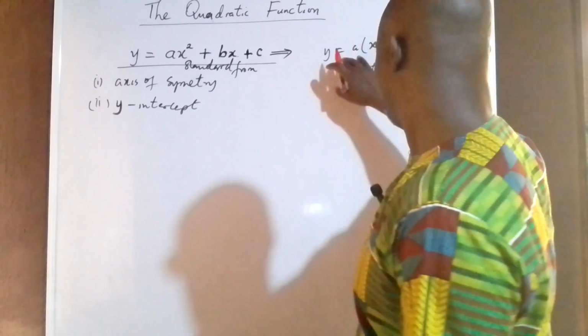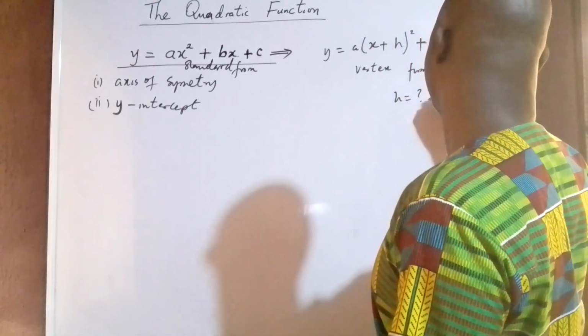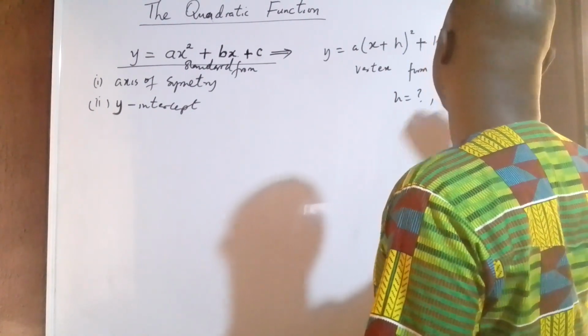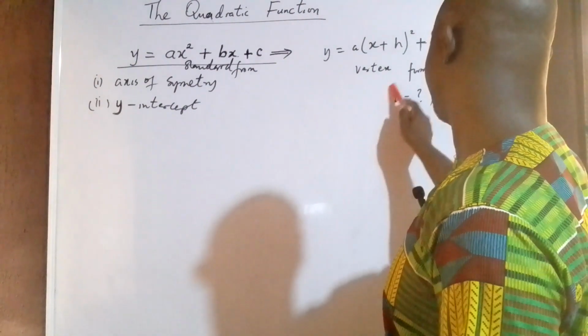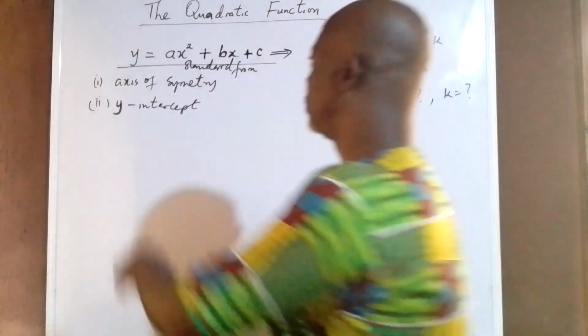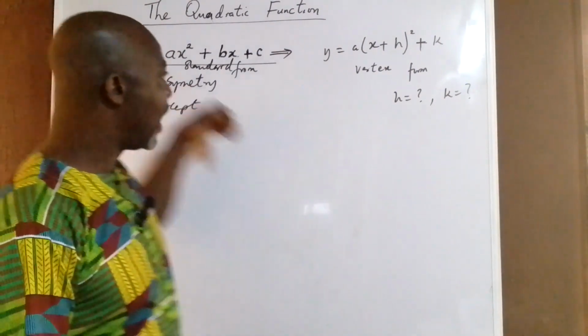Now, this h and k, h will represent a certain value and k will also represent a certain value. So from the value of h, whatever h gives us, we will be able to determine the axis of symmetry.